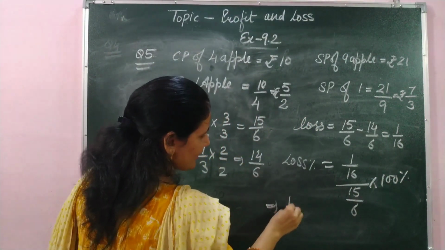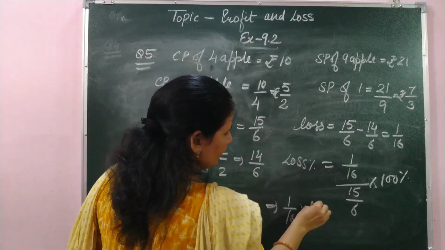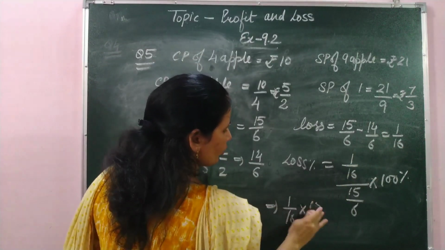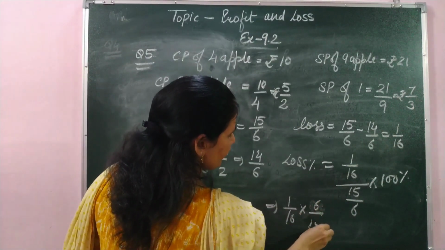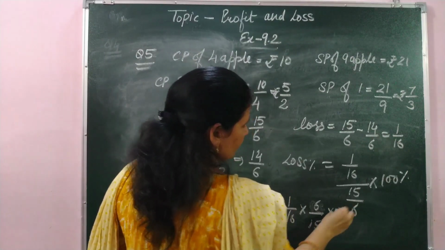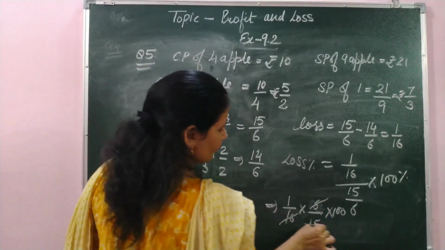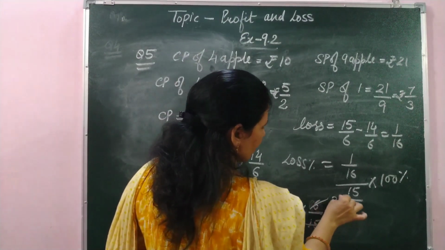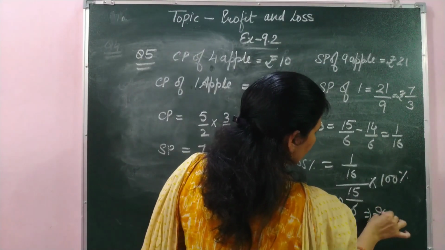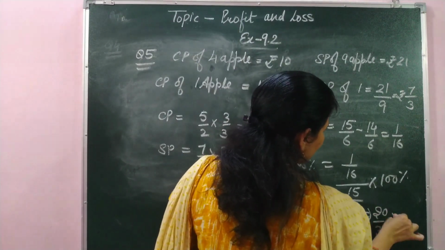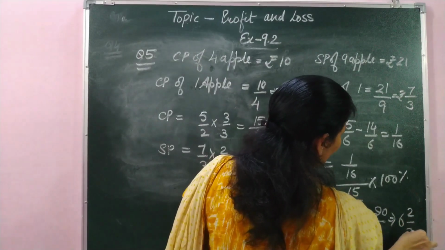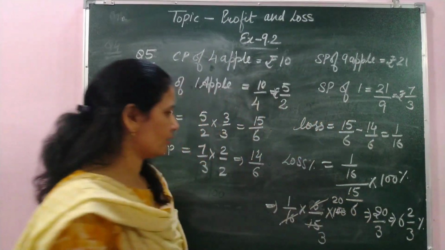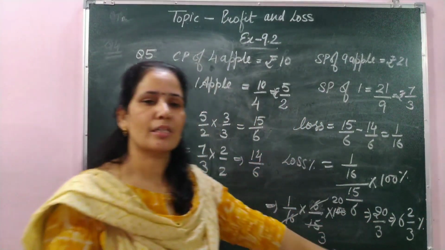So 1 by 6 multiplied by the reciprocal, 6 by 15, then multiplied by 100. 6 cancels 6, 5 3s are 15, 5 2s are 10, that means 20 by 3, which is 6 2 by 3%. The fruit seller gets a loss in this transaction.